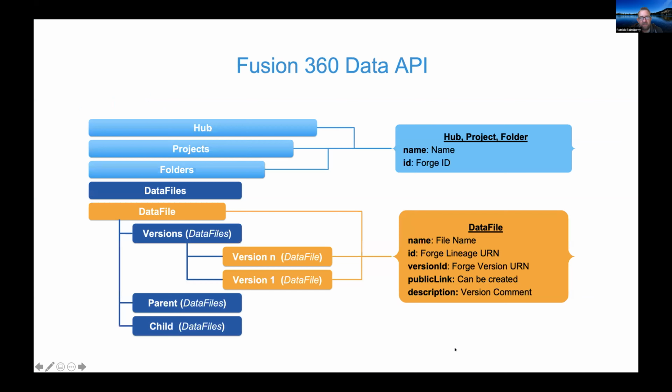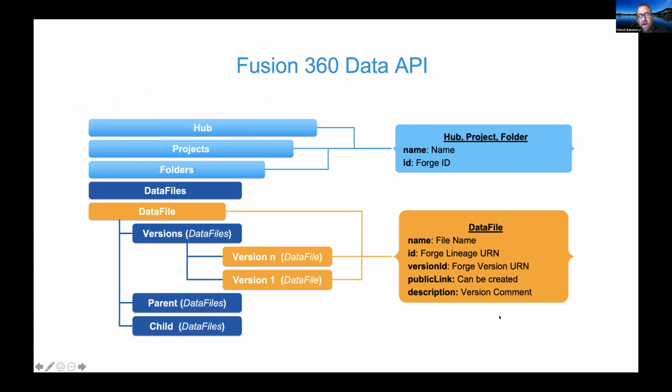Data API, did a bunch of stuff here too. Tried to make another one of these kind of fancy diagrams. So again, if you look in the Fusion 360 data environment, you go from hub, projects, folders, files, file. One of the things that's new is that a couple of these had ID parameters that were wrong.